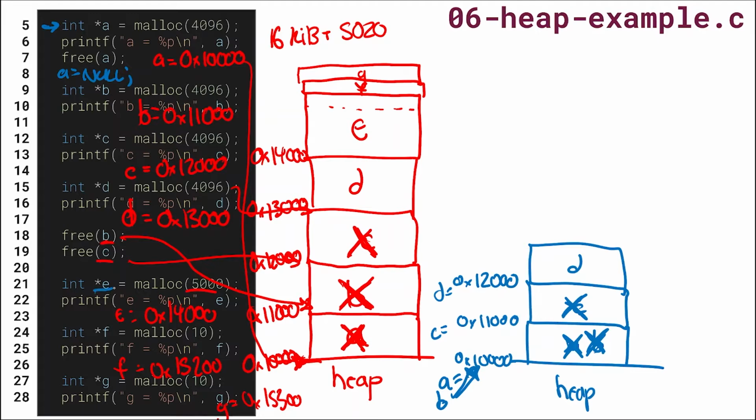So if we get to E, E requires a malloc of 5,000 bytes. What can we do with E? Where can we put E? Is there 5,000 bytes of free memory in a row somewhere in our memory already?